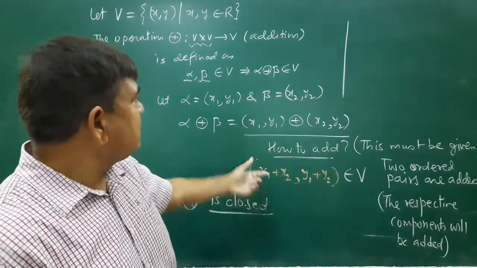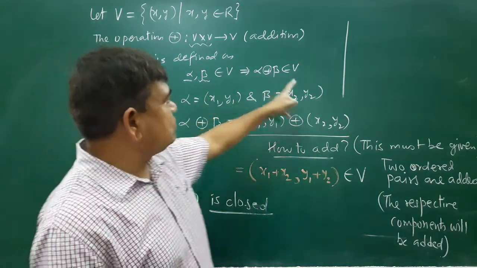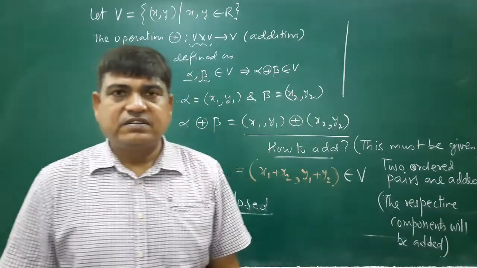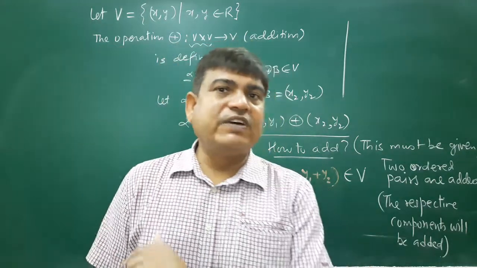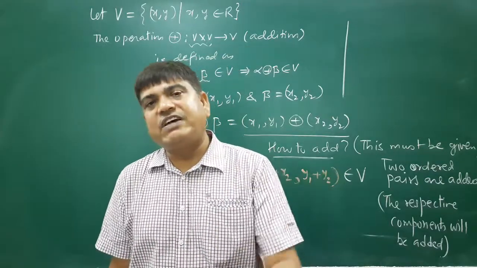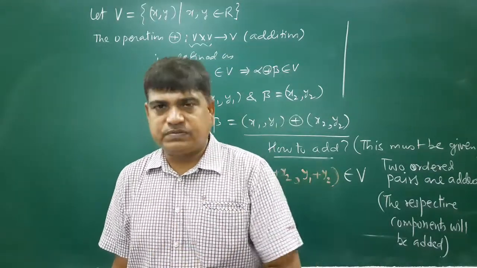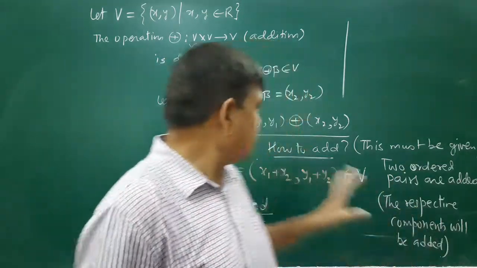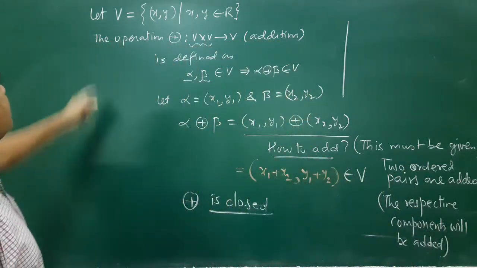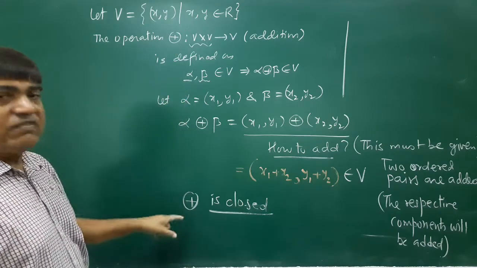Respective components means if a pair, then first to first and second to second. If we suppose triplet is given x1, y1, z1 and x2, y2, z2, then x1 plus x2, y1 plus y2, z1 plus z2. So we can generalize till n tuple. So here it is. The operation is given by this one.